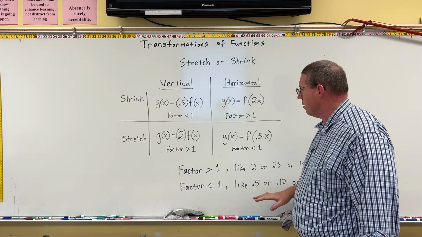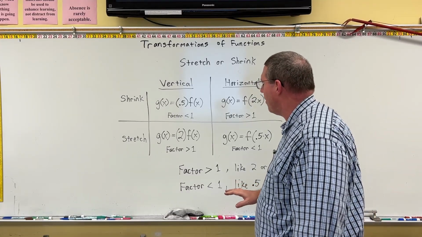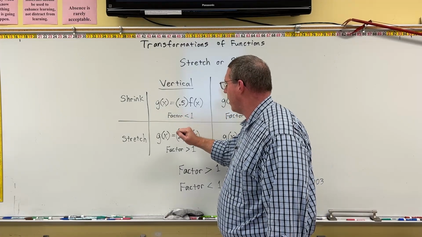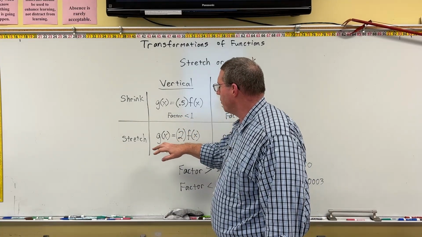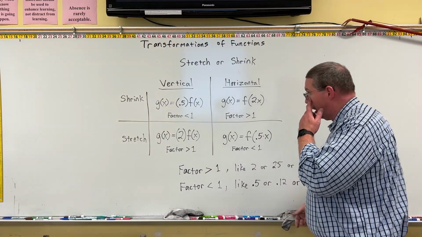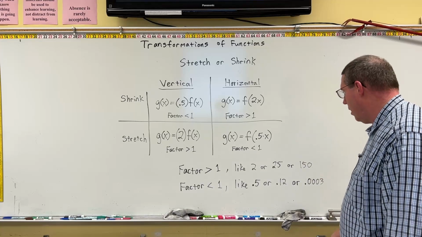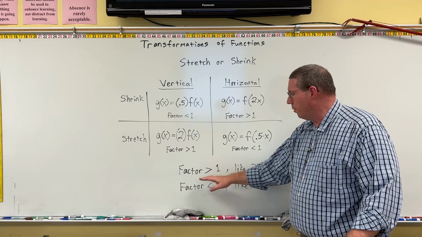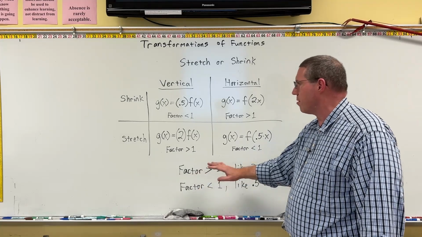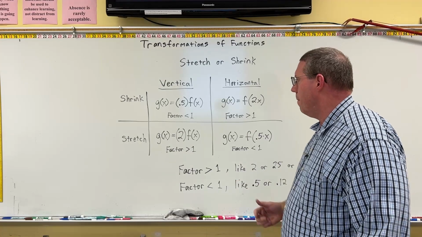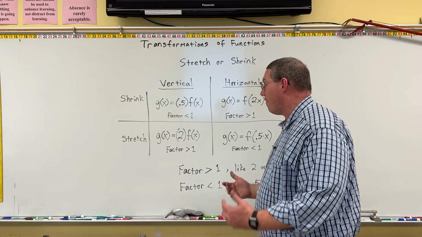And what I've written here is I've identified what you have to do to f of x in order to cause g of x to be either a vertical or horizontal shrink or stretch. Now, in order to understand what I've written here, I need you to understand what we're dealing with. So we're dealing with factors. What we're doing is essentially multiplying some part of f of x by a number, by a factor.